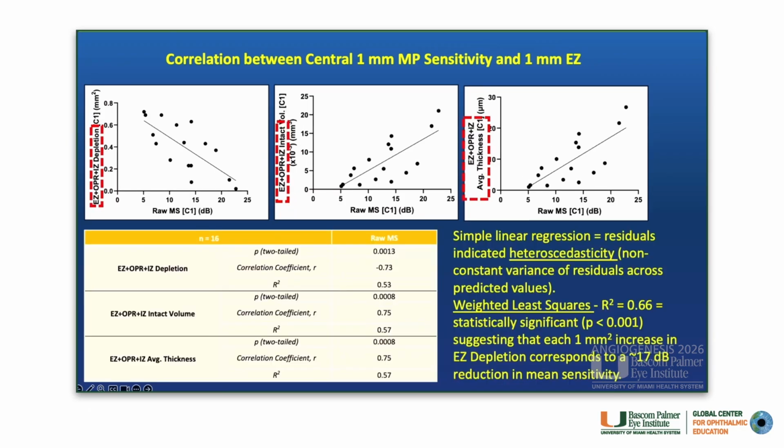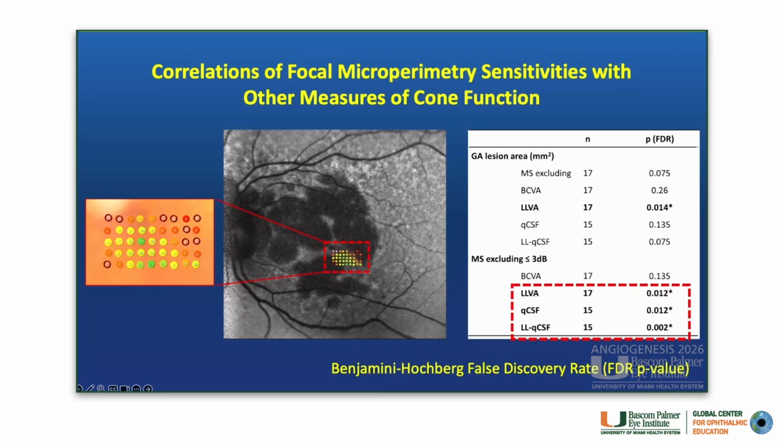And we also see to some degree similar correlations with EZ, but it's important to recognize that the relationships are not linear. And so we have to use weighted least squares to get some good R-squared values, but again, suggesting that this relationship between cone sensitivities and EZ is not 100% clear.